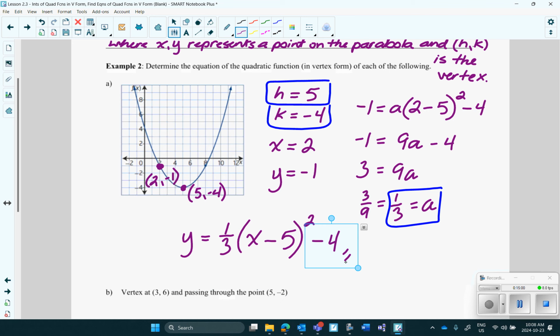Actually seems a little bit more straightforward to find the equation of parabolas than it does lines last year. Lines we seem to have to do a lot of work sometimes. Here, all you need is the vertex and 1 point.